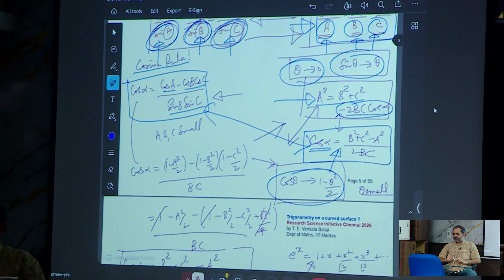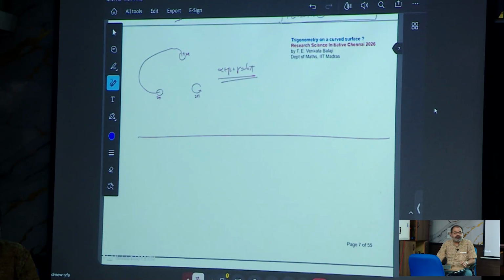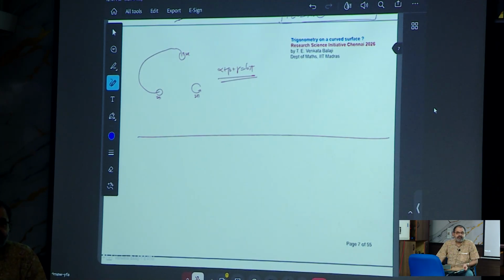But anyway, I want to indicate how one proves these things. Again, it's very, very interesting. The basis for that is a very classical theorem due to Archimedes, the good old geometer of antiquity.